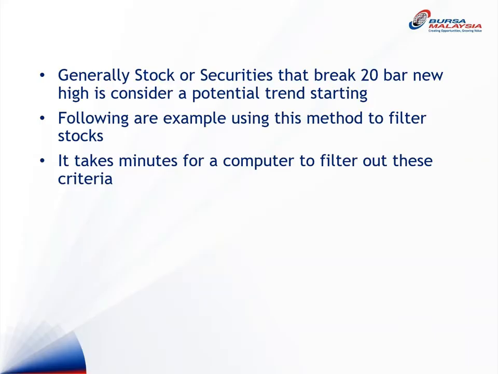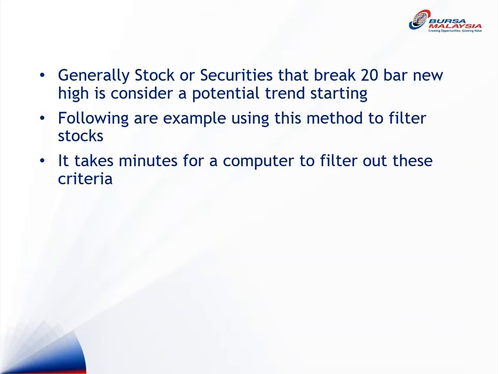So the next strategy that I'm going to share with you, we don't use an indicator, we just use price. And sometimes not using a lot of indicators is actually important, because the more indicators you use, the result can be very good, but you cannot duplicate this kind of result in real life. So that is a problem if you use too many indicators.